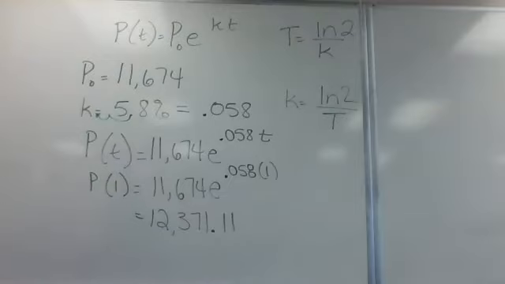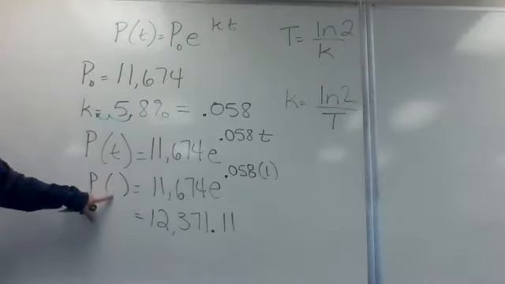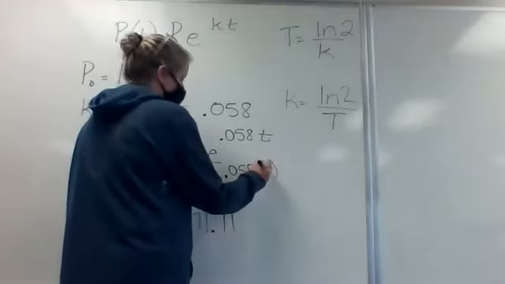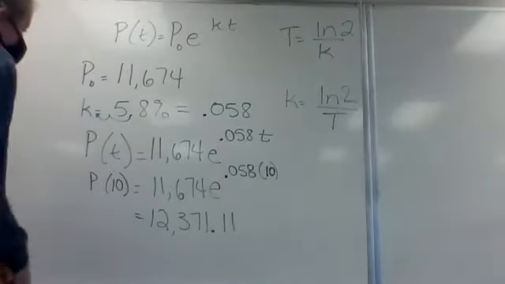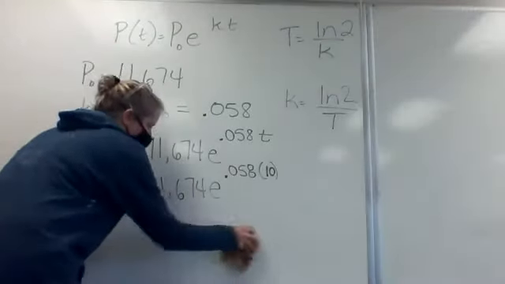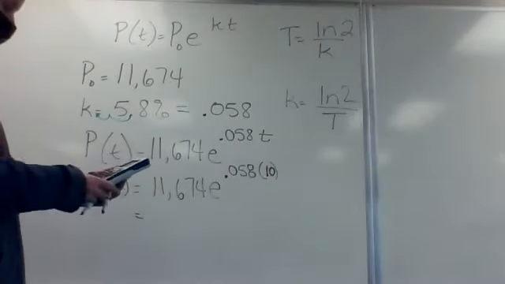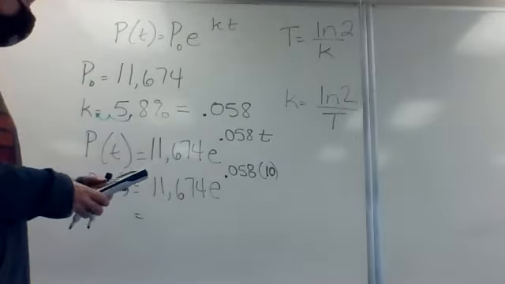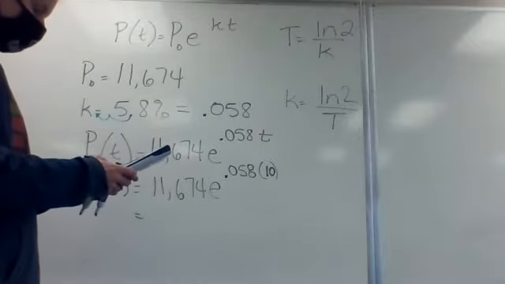Okay, then it wants you to do 2 years, 5 years, 10 years. So all you're doing every time is just replacing this, right? So if I'm going to do the last one for 10 years, I'm just replacing the t in the formula with a 10. So 11,674 e 0.058, open parentheses 10, close.